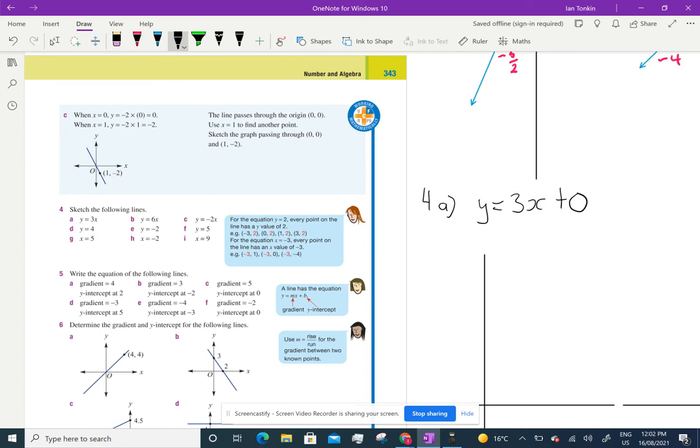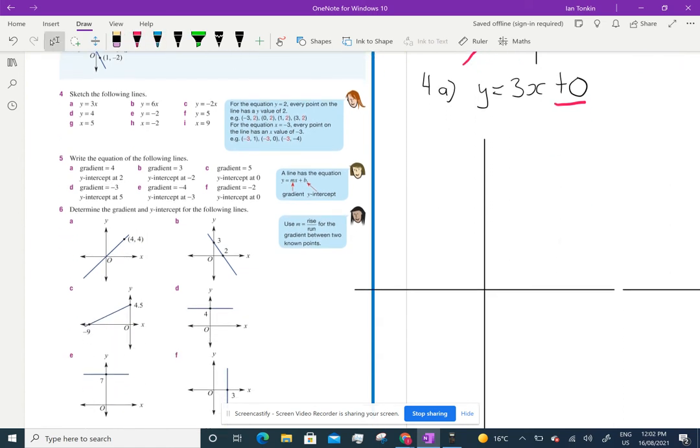I'm writing that in for a purpose. Because there's nothing there, your y-intercept is 0. This is a 3, so the gradient is steep, and it's going up because it's positive. Remember, if it's positive, it goes up left to right. So this is a steep line going through 0, 0.